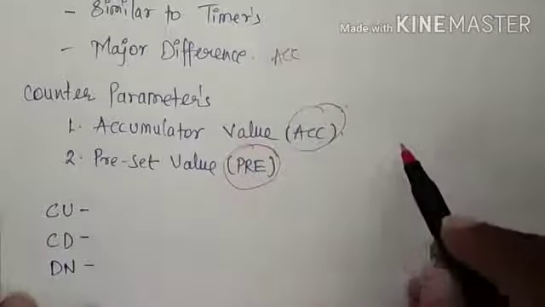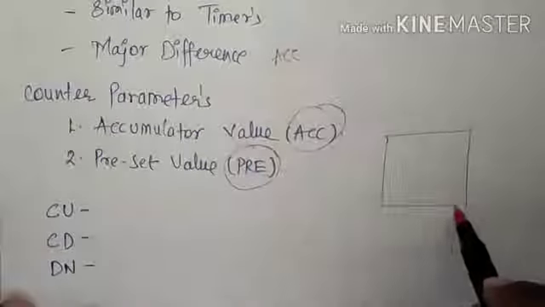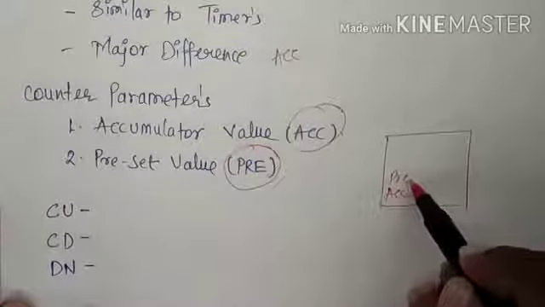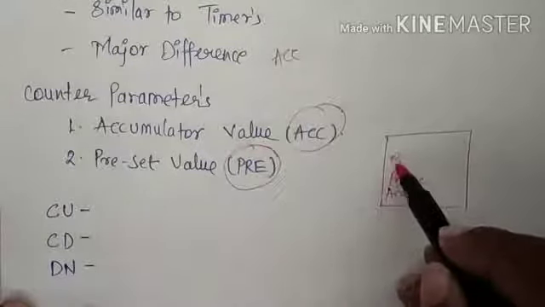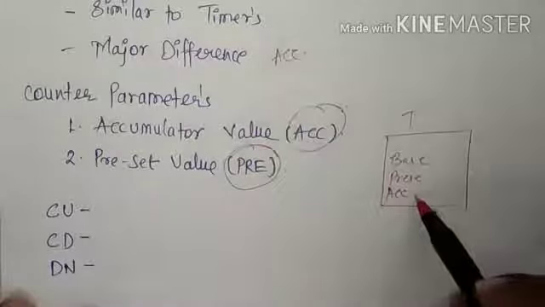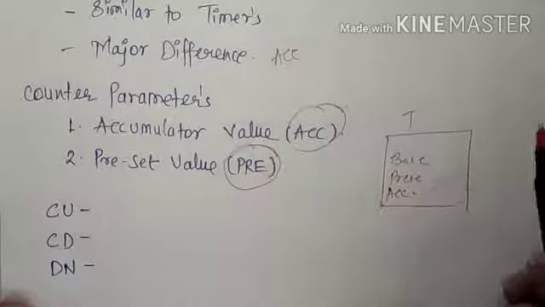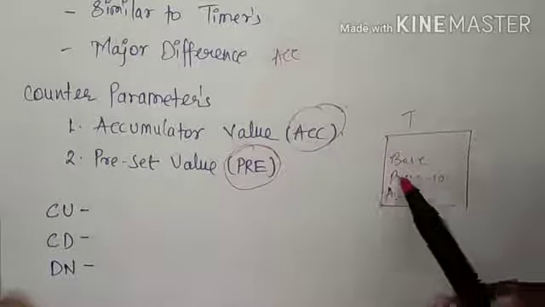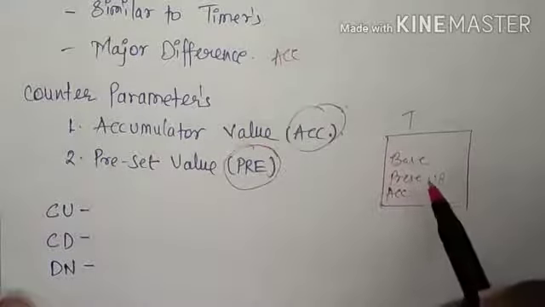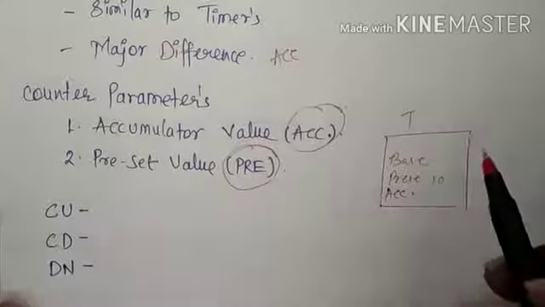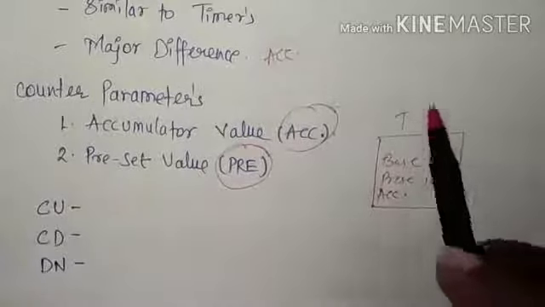As we have seen in the timer, we have accumulator value, preset value and time base. The accumulator value increments from 0 to 1, 2, 3 up to the preset value, say 10. The preset value is the value which the programmer sets before execution.